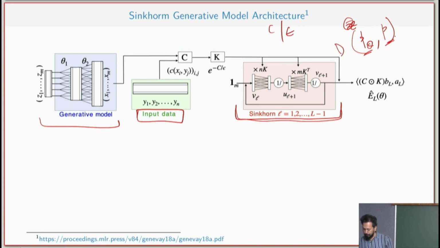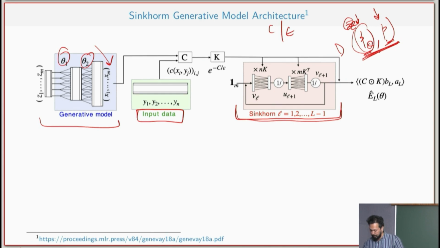This p theta distribution is generated via the generator, which has these parameters theta 1 and theta 2. It is then compared with the p real, and since we are using the Wasserstein distance, it's an optimal transport problem.